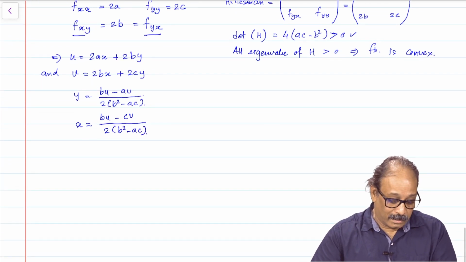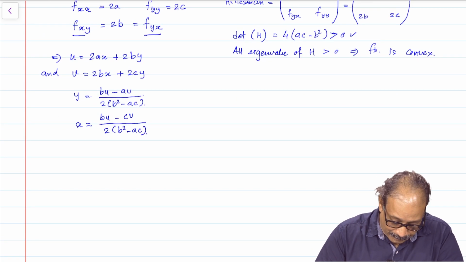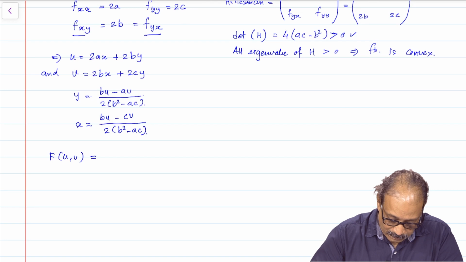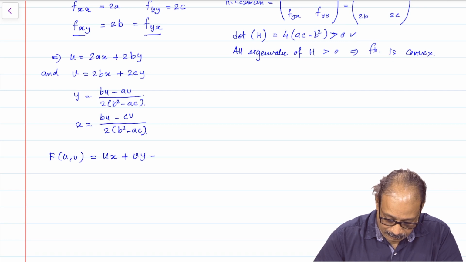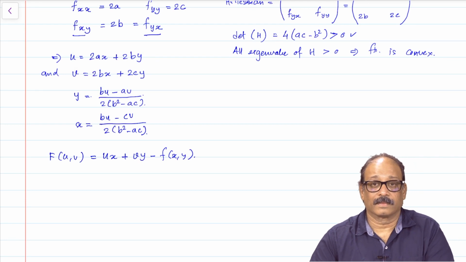Okay. And then you write down the capital F. The capital F is a function of u and v. This is nothing but u x plus v y minus f of x comma y.